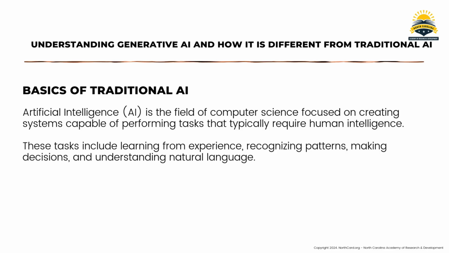These tasks include learning from experience, recognizing patterns, making decisions, and understanding natural language. Essentially, AI is about building machines that can think, learn, and adapt, much like humans do. In summary, traditional AI focuses on creating technology that mimics human thinking and decision-making, which serves as the groundwork for the advancements seen in generative AI.